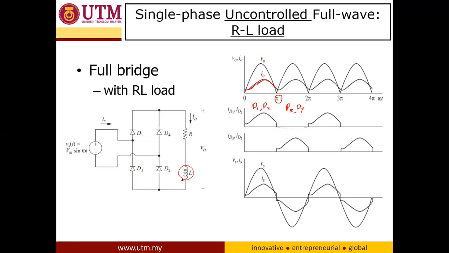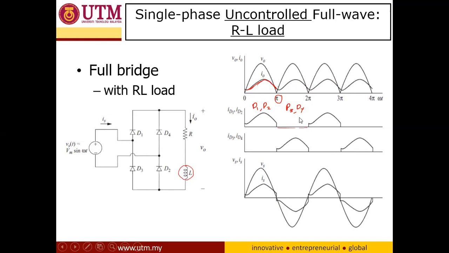Unlike the half wave, where there is no path for the energy of the inductor to be discharged, so a single diode is forced to turn on, here the energy will discharge through D3 and D4, because D3 and D4 are turned on during the negative cycle.